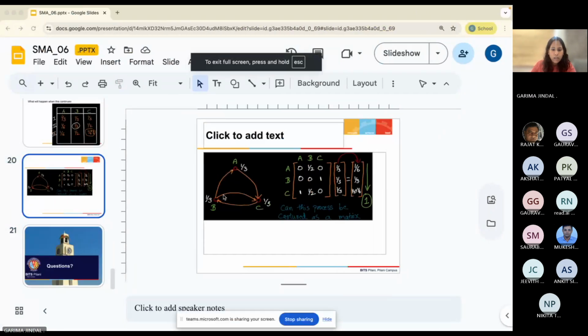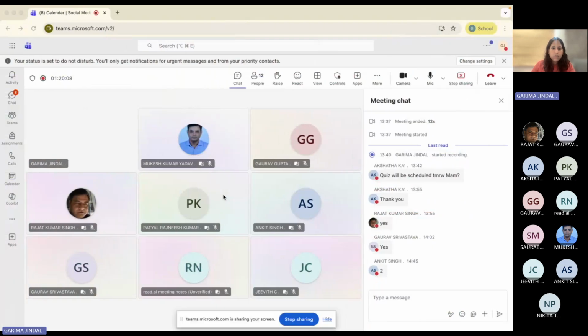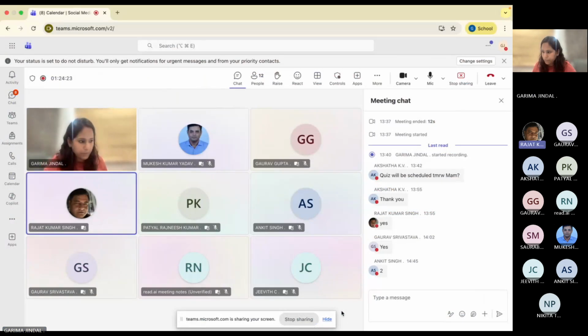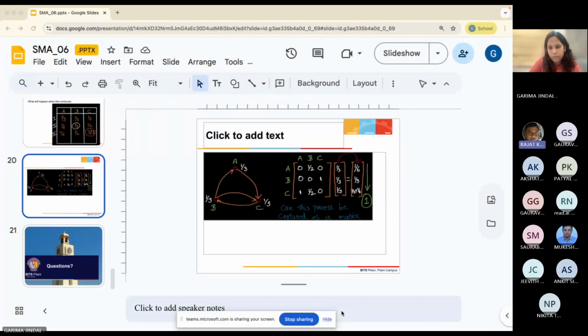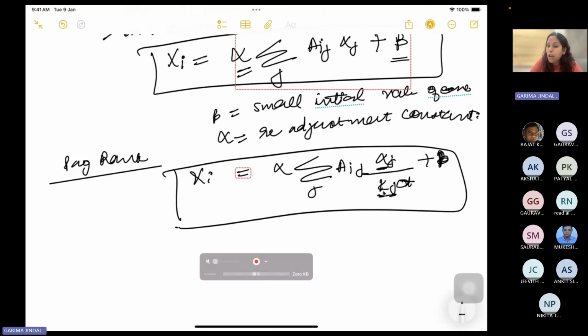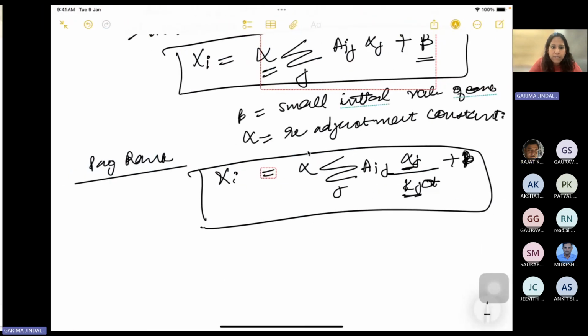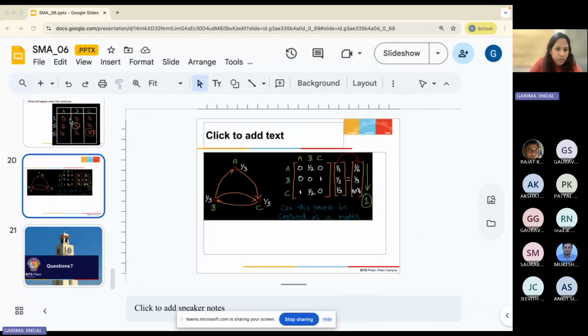So this was all about today's lecture. Is there any doubt, anyone? Ma'am, in that PageRank equation, what was the denominator there? This is the number of outgoing edges. Okay, yes. So we have seen that example here.